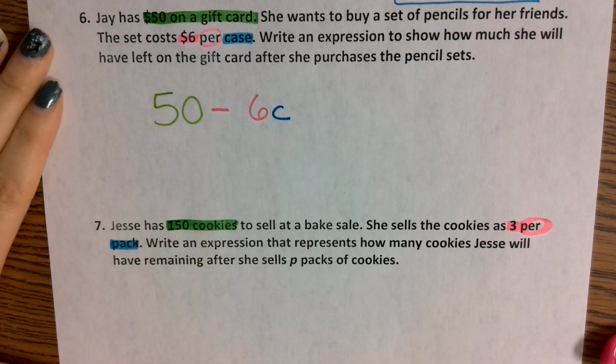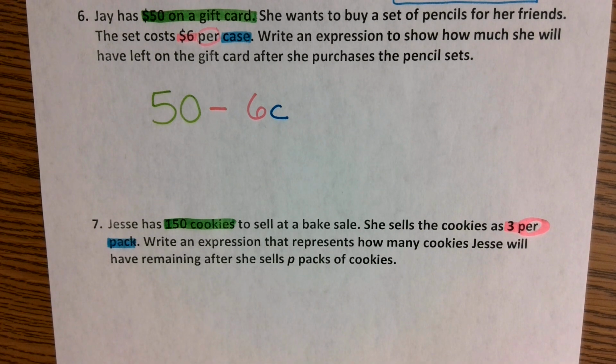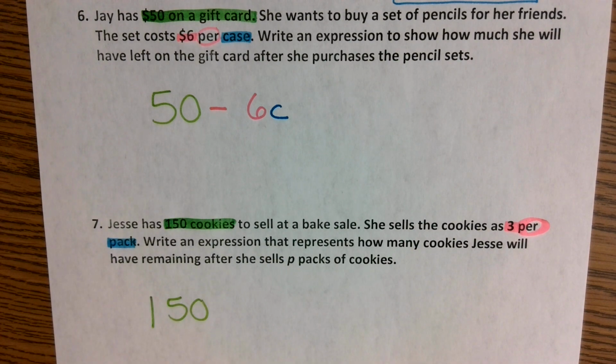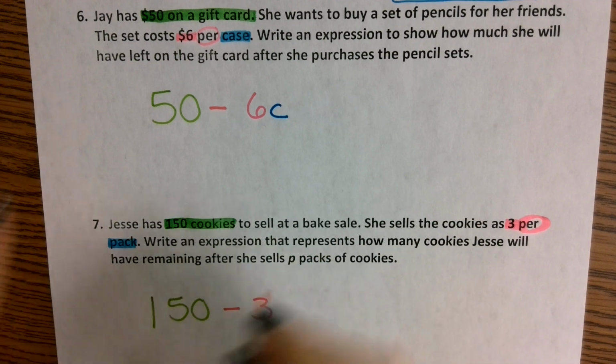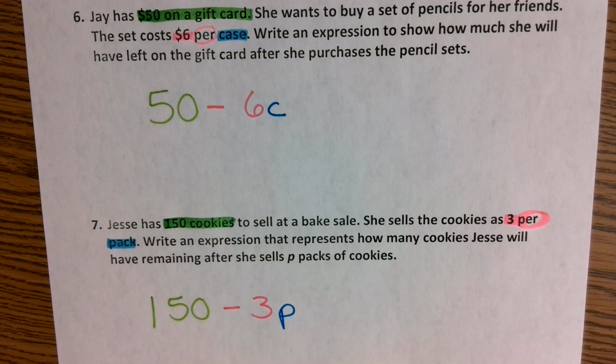There's our variable, the number of packs that she's going to sell. It even tells us to use P as the number of packs. So you're starting off with the 150 cookies that she's got. She's going to split them up into packs of 3 and sell them. So that means you're subtracting. So 150 minus 3P.